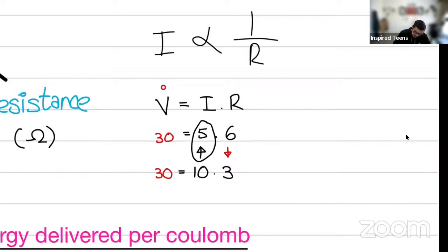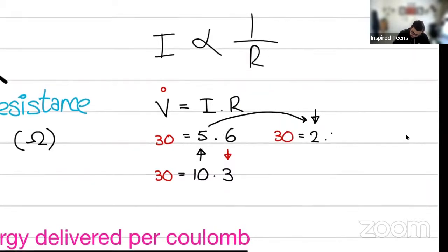So while the voltage remains constant, we can see this inverse relationship between current and resistance: when you increase your current, it decreases your resistance. Also, if we go from 5 and decrease our current to 2, what effect would that have on the resistance? It would have to increase to 15. So if we decrease one, the other increases.